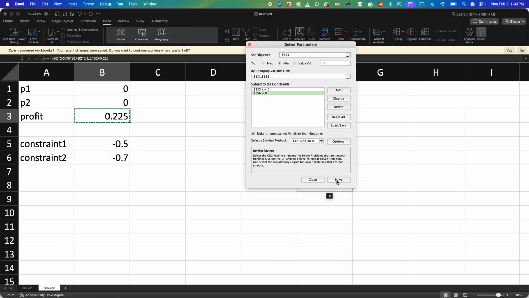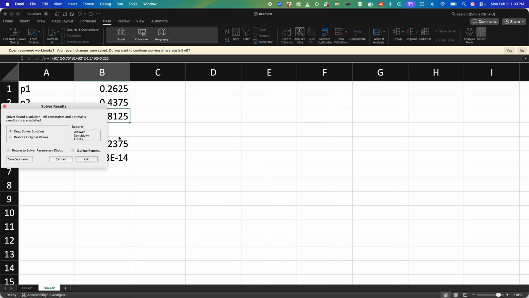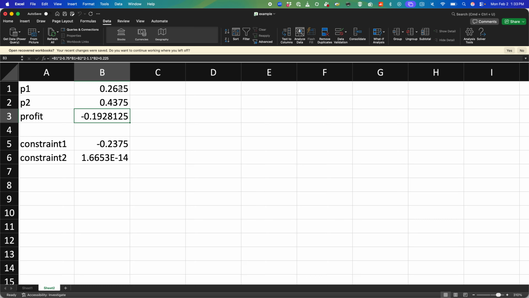And if I hit solve, boom. Okay. So in this case, it's saying, oh, the best solution is to set the price of milk to 0.2625 and the price of cookies to 0.4375. Okay?